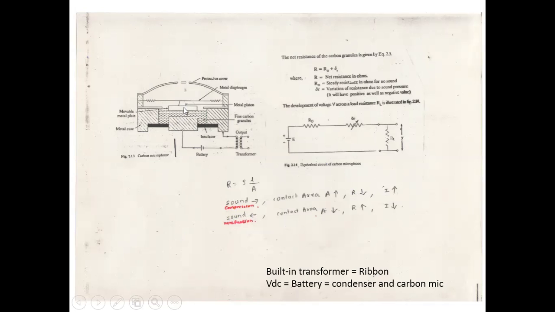Then the contact area between the moving plate and the fixed plate is going to reduce, so resistance increases, and R is equal to V upon I, so if the resistance of the carbon granules increases, the current flowing will decrease. So current increasing and decreasing will give you a potential difference, and that potential difference is proportional to your sound energy.